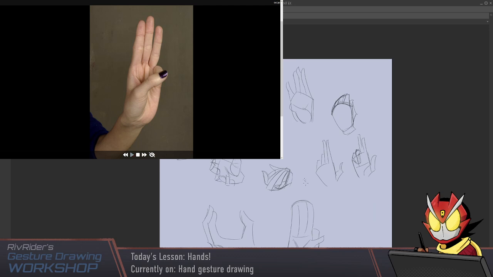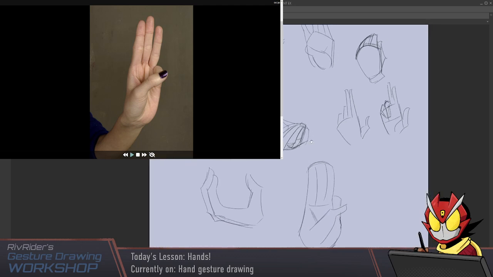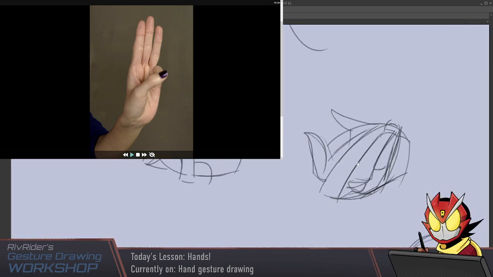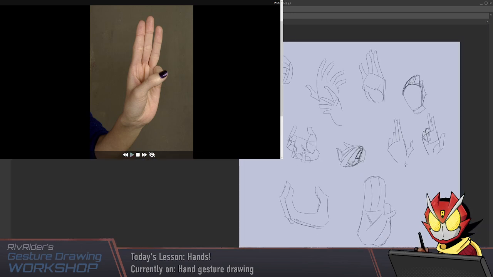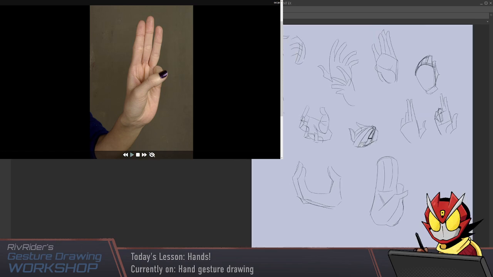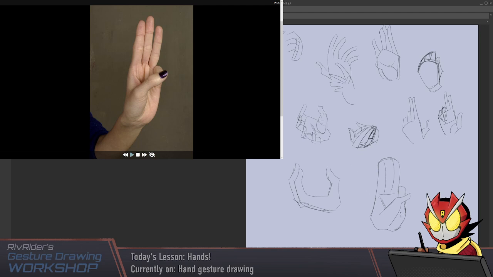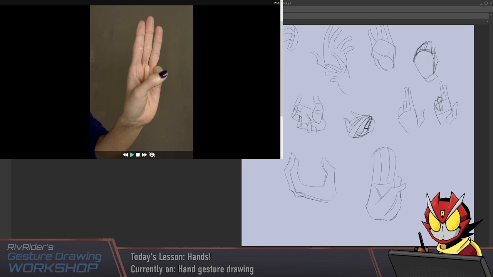So, how did you do on the second round? Does any of this make sense? What the heck is this hand? What is going on in this one? Oh, it was the apple one. Do people feel loosened up? Do people think they see gesture in the hand? And it doesn't have to be super structural. You just got to see how do fingers move?